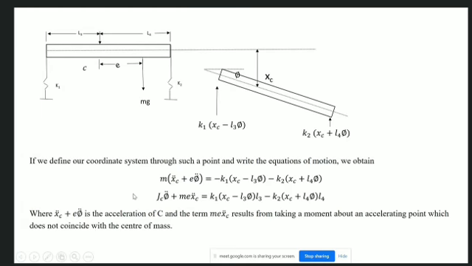Because of this shifting of the coordinate system, the acceleration of this point will be different from the acceleration of this point, and it should be x double dot c plus e into phi double dot, because the rotational acceleration is also making some contribution in the movement. Am I able to make you understand?